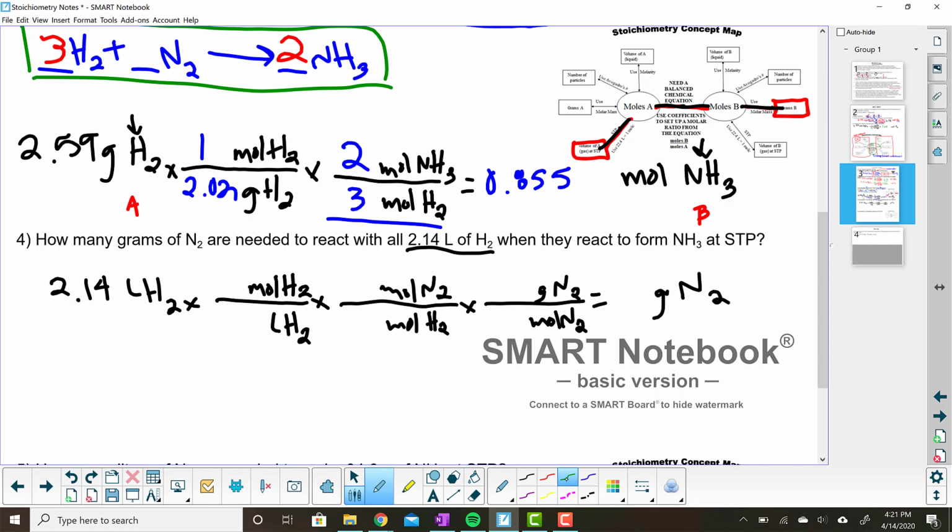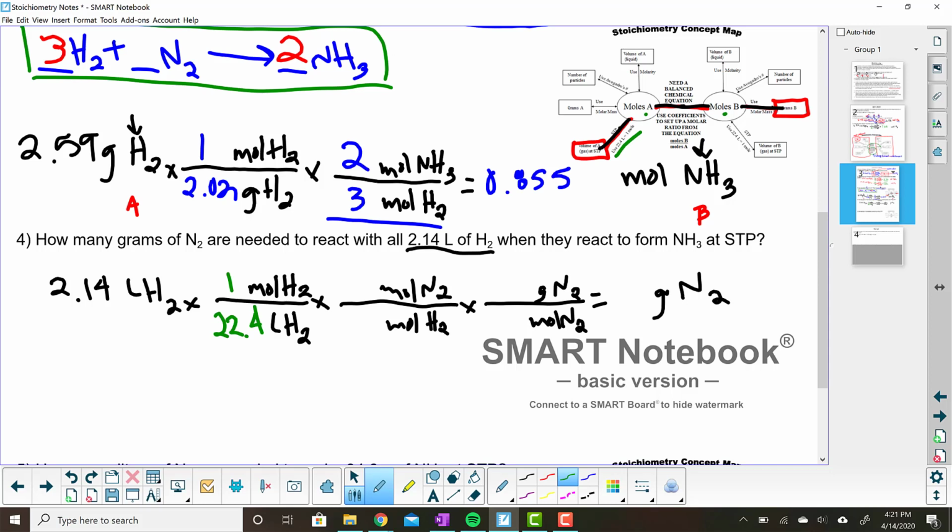So on that first step, when I went from volume to moles, I need to use 22.4 liters equals 1 mole. This is something that we talked about in the first video. This is Avogadro's other hypothesis. We're going to put the 22.4 with the liters, and that's for every 1 mole of H2. Then, to go from moles of one thing to moles of another, I need to use my balanced chemical equation.